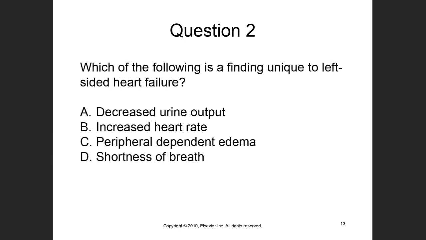It's shortness of breath. If instead of shortness of breath they put pulmonary edema, it would be a better question. Because pulmonary edema is for left side heart failure. Peripheral edema is for right side. Shortness of breath is basically for both. So for this question, the answer is D.